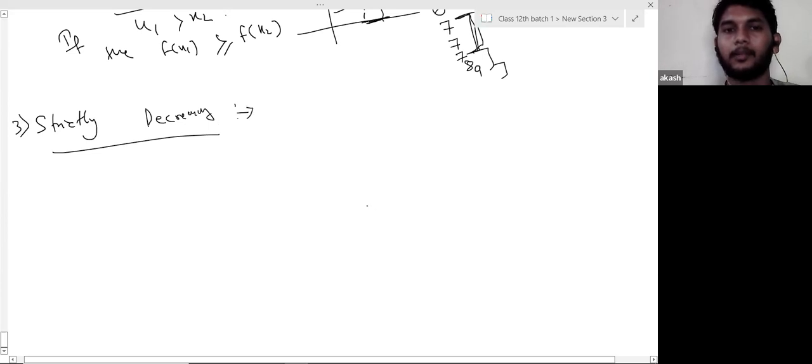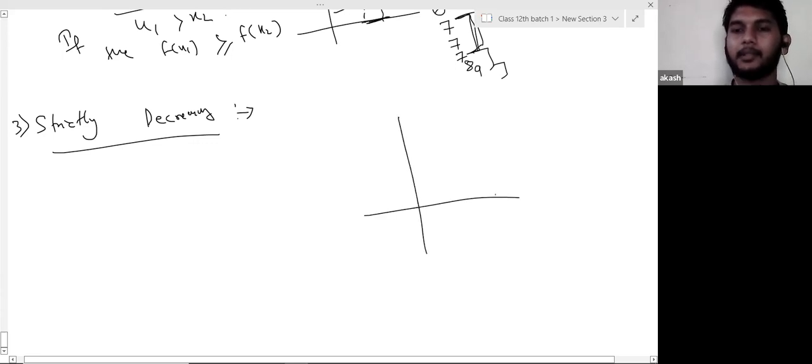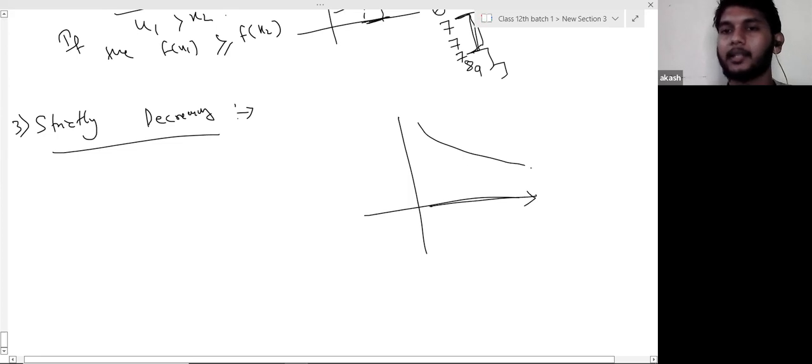All right. Who can tell me what will be strictly decreasing function? Very simple. If Krishna is getting lower and lower marks each year, right? If x is increasing, then y is decreasing. This is called decreasing function.